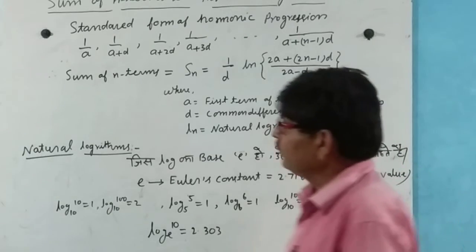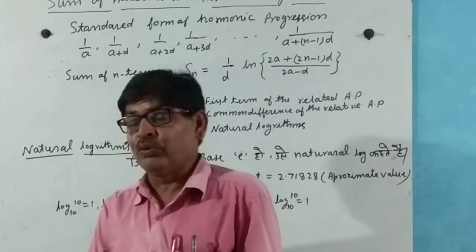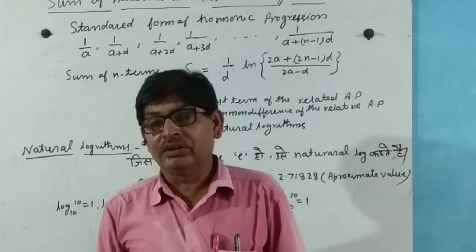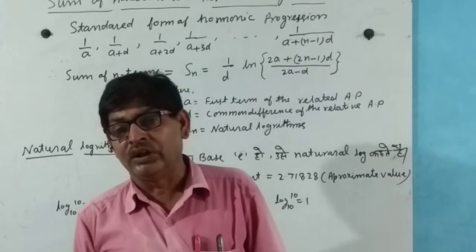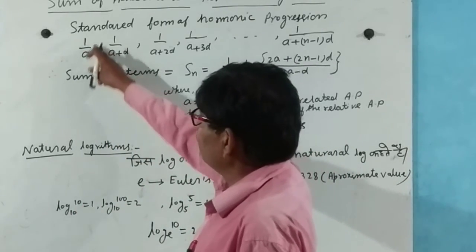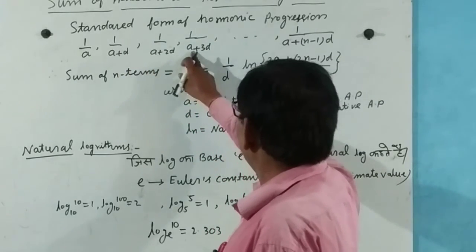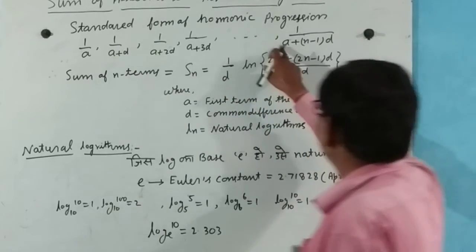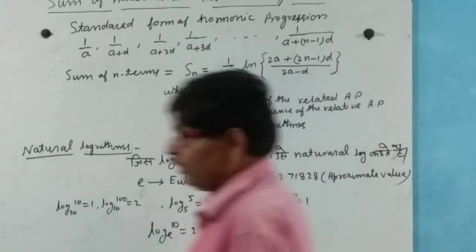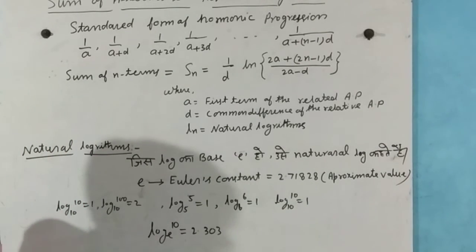As you know, the reciprocals of the terms of an arithmetic progression make a series that is known as a harmonic progression: 1 by a, 1 by a plus d, 1 by a plus 2d, 1 by a plus 3d, up to 1 by a plus n minus 1 into d is the standard form of harmonic progressions.